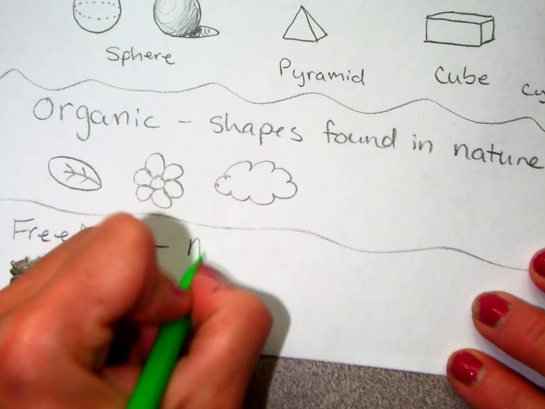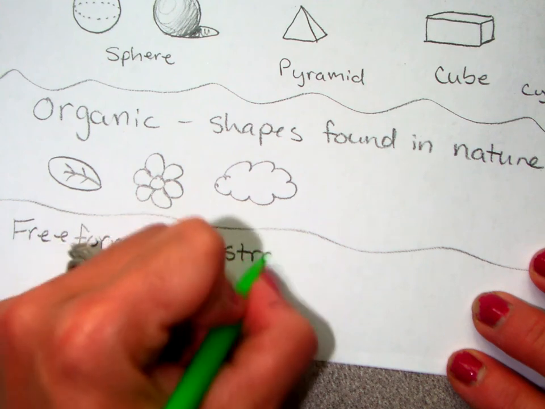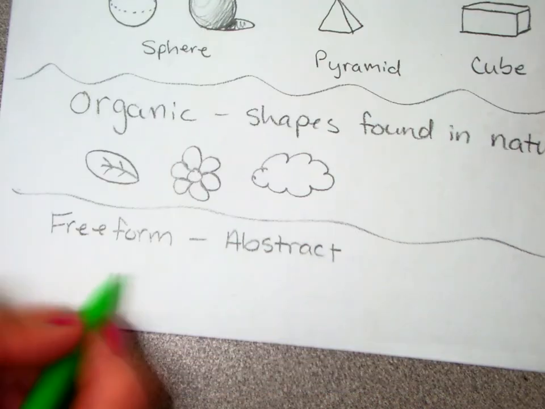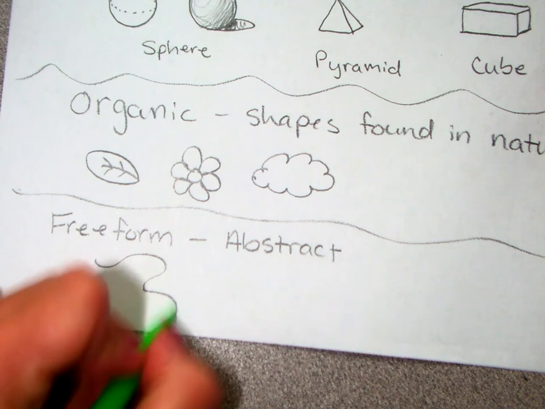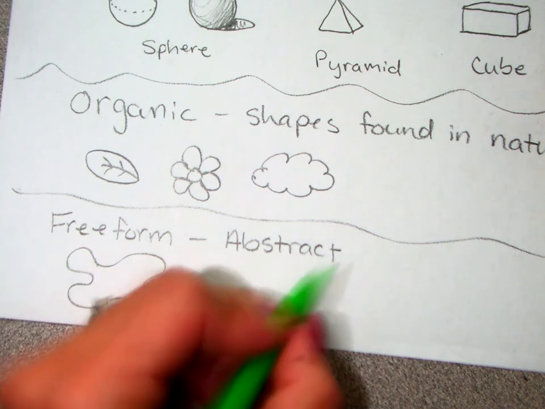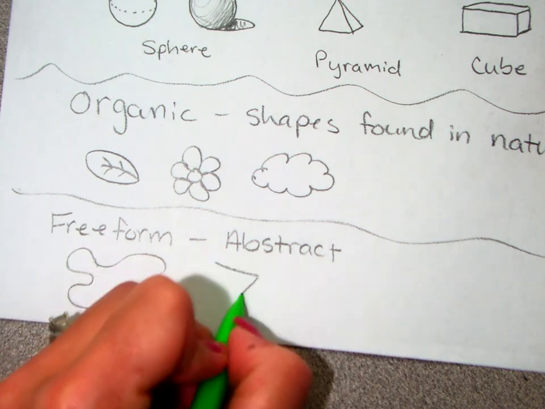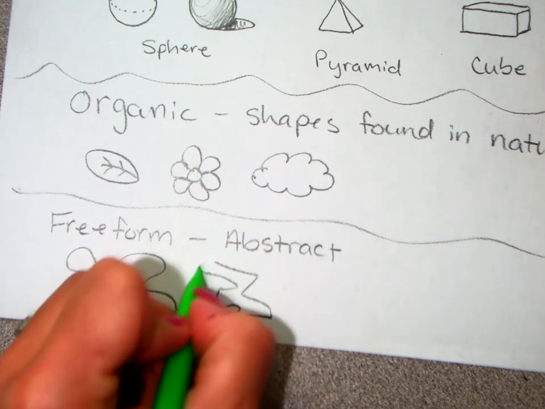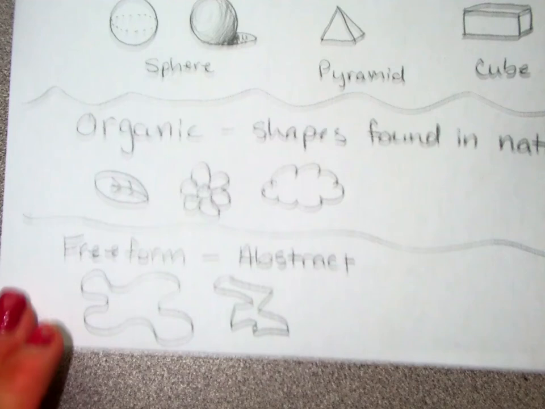So these are abstract. So basically, if it's a shape that has no name, it's just a made-up shape, and it could be just sort of whatever. You know, just kind of random shapes.